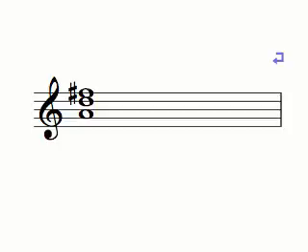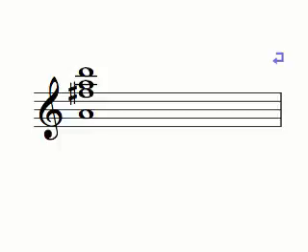Also, in an inversion, it doesn't matter where the top pitches are. They can be in any octave. So, for example, I can put this note up an octave, and this is still a second inversion D major triad. Also, it doesn't matter how the notes are doubled. Right now I only have one note for each of the members, D, F sharp, A. But let's say I had another A in there, so I doubled the A. You still have a triad because a triad has three notes.